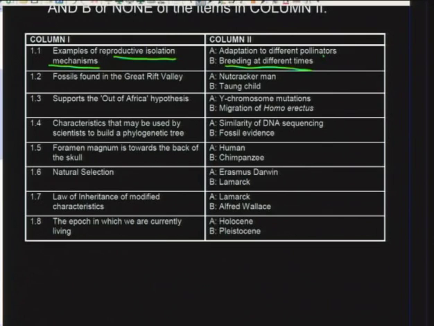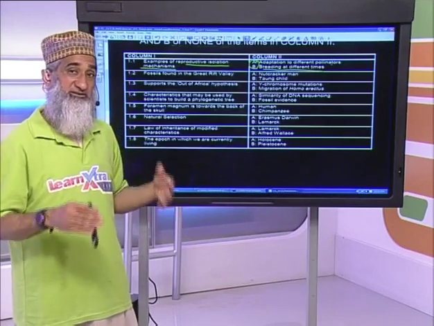So obviously in this case it would be A and B, both of them. Flowers that adapt to different pollinators, because of speciation, will be reproductively isolated because different pollinators will come to them. And other organisms breeding at different times of the year or different seasons, mating seasons may change, that will fall there.